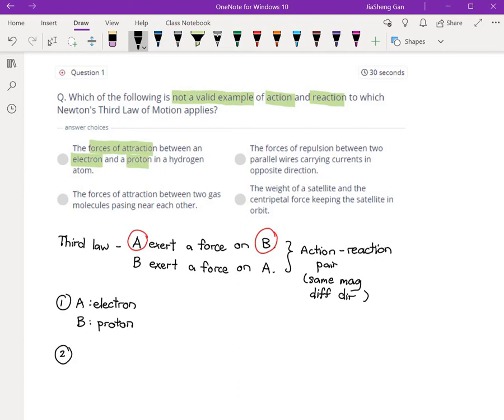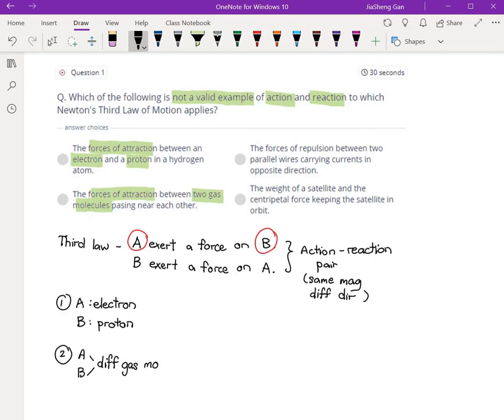Number 2, the forces of attraction between two gas molecules passing near each other. For this case, it's quite obvious that A and B are different gas molecules. They are not one gas molecule, there are two gas molecules.